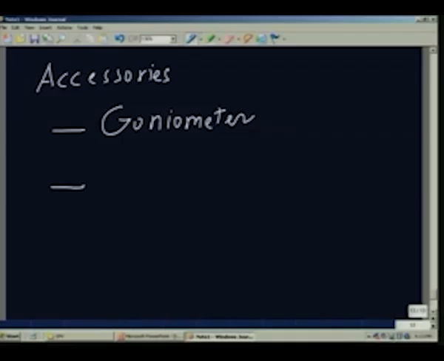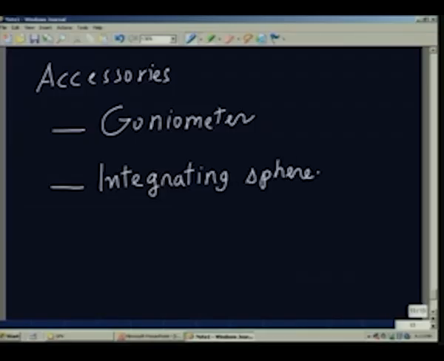Or we can also use one simple gadget which is called the integrating sphere. These accessories by themselves are not useful, they have to be used along with the rest of the things I talked about. You need a source, a monochromator, then some kind of a steering arrangement for making the light take a particular direction, and then a detector, and the goniometer and the integrating sphere come in between.